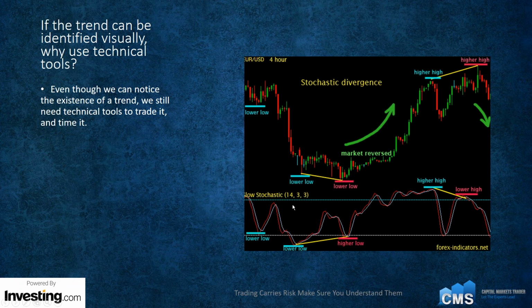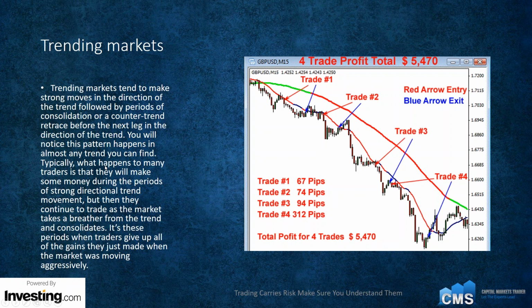Technical tools like stochastics, MACD, moving average, will give us the entry and exit points, okay? Because we have to determine where we're going to enter a market. And if you use things like stochastics divergence, as the stochastics reach higher highs and higher lows, so does the price chart, and they will give you those entry points.